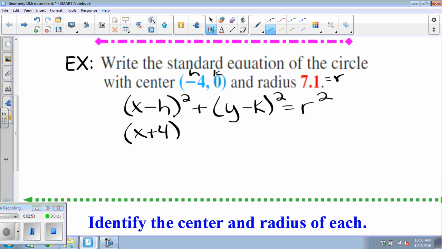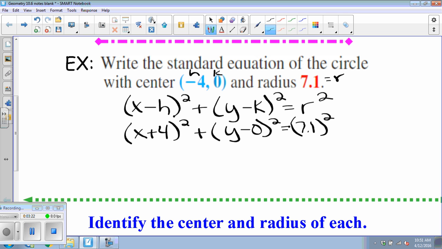x plus 4 squared plus y minus 0 squared equals 7.1 squared. Now, you can use your calculator to square that. But what you need to recognize is that when you have y minus 0, if the y coordinate is 0, you're not going to see y minus 0 parentheses squared, because subtracting 0 doesn't change it.